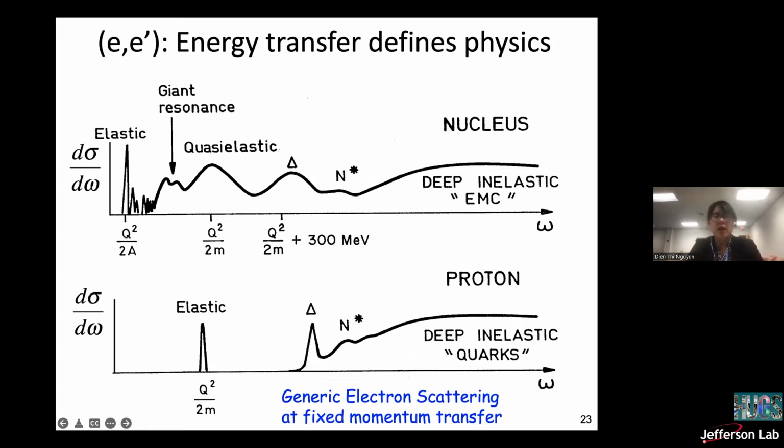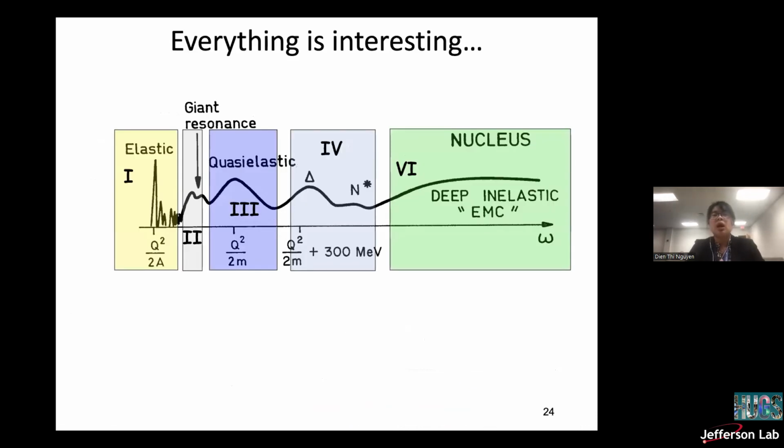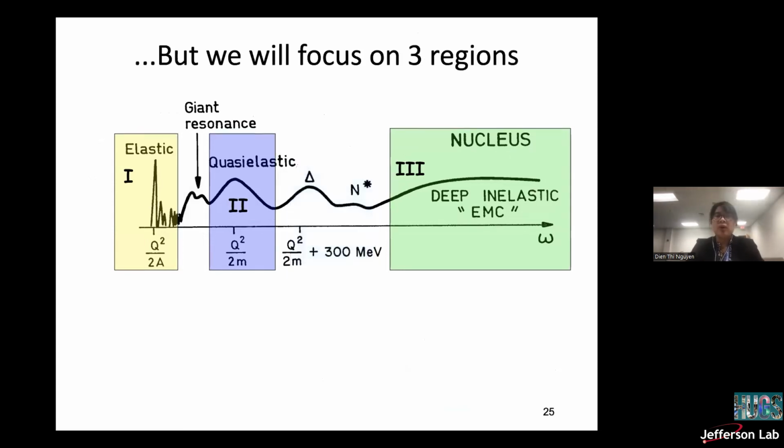Depending on which physics region you measure, you will study different aspects of nuclear structure. All of these physics regions are important and help us understand different aspects of nuclear structure.